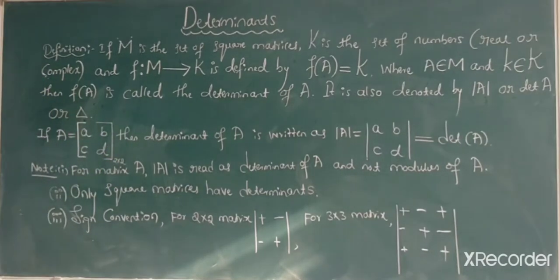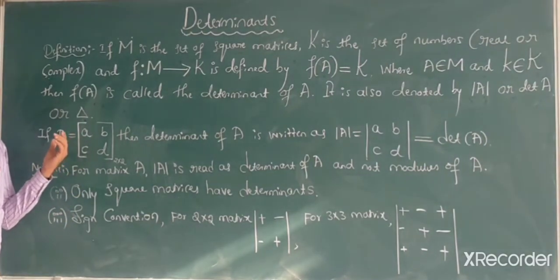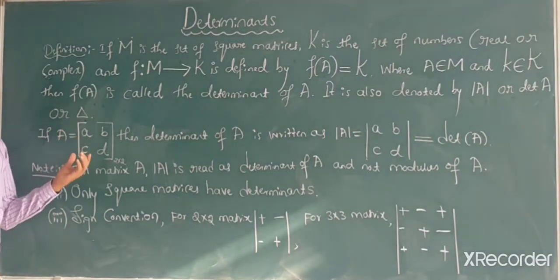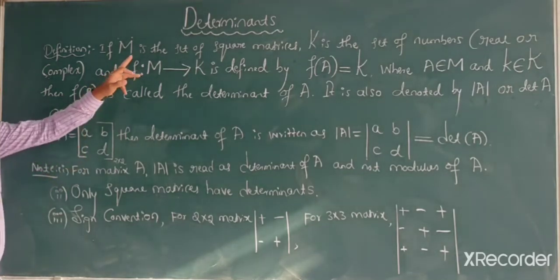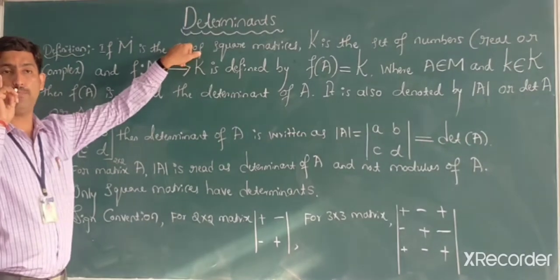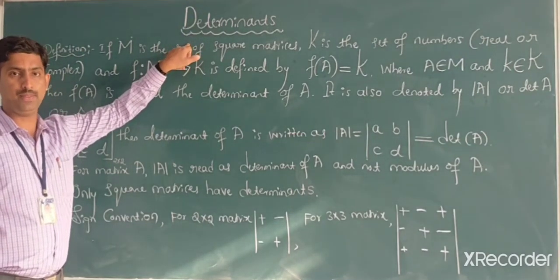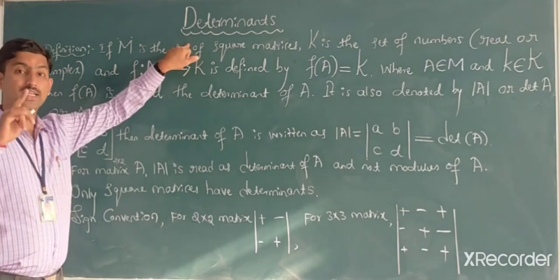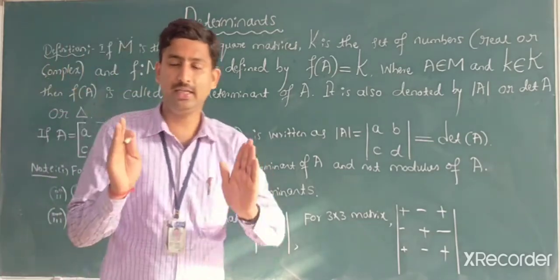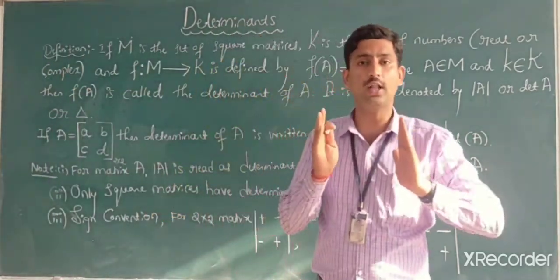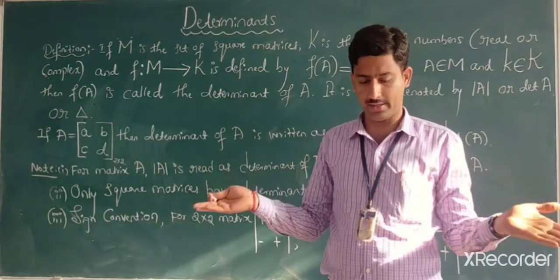In the matrices topic, if the number of rows equals the number of columns, then that matrix is a square matrix. In determinants, our focus is only on square matrices of different orders. If you take matrices other than square matrices, then the determinant will not work. The determinant chapter works only on the basis of square matrices of different orders.